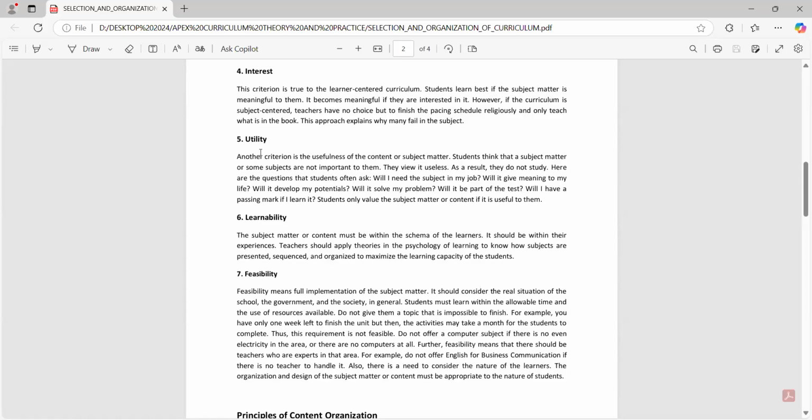That is the utility value. When they see this piece is very important to me, they will learn that content. Because of that, when you select the content, you have to think of the utility value, then it will be easily learned. They are motivated to learn that.